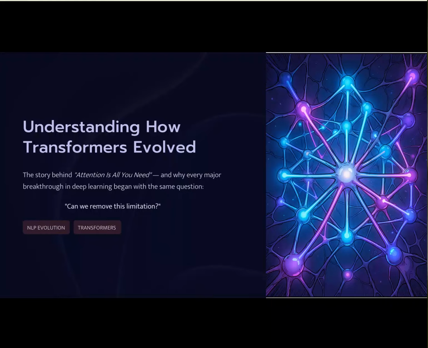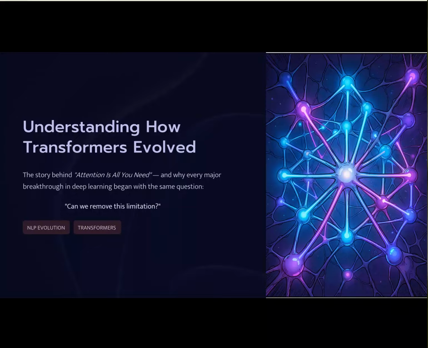This is about a series of bottlenecks in sequence modeling and how each generation removed one bottleneck after another. That's why the transformer paper, Attention is All You Need, felt revolutionary. It wasn't merely a better neural network, right? It changed the fundamental assumption that sequences must be processed sequentially.